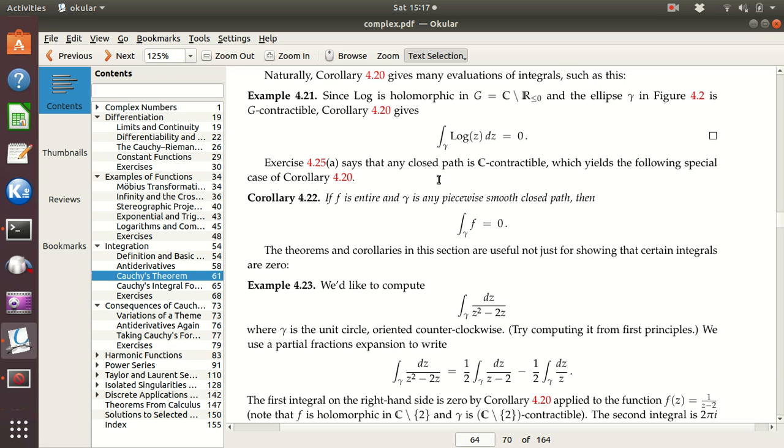Oh, well, don't want to use theta, we want to go from 0 to 1. So cosine of 2 pi t plus 2 and then sine 2 pi t plus 2. Right, so we have that this curve is definitely g homotopic to 2, 2.